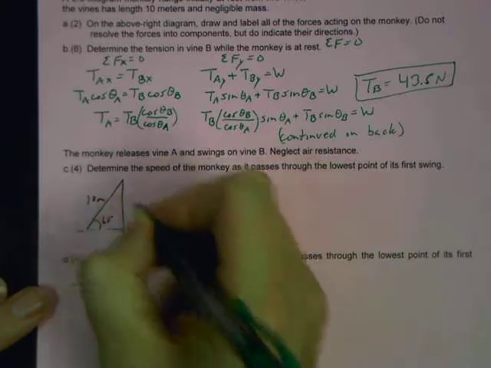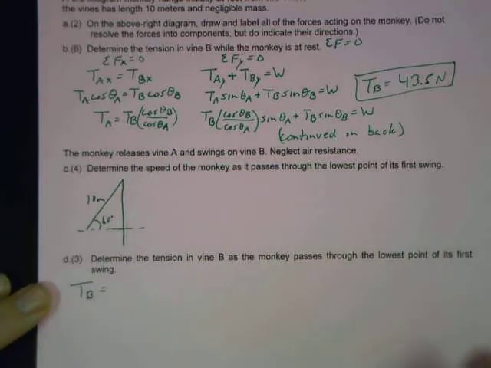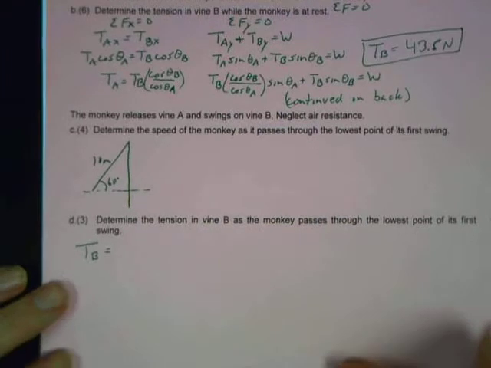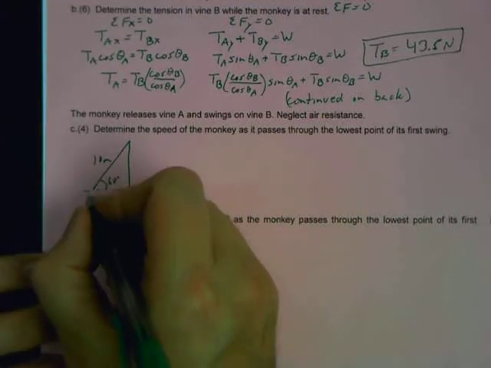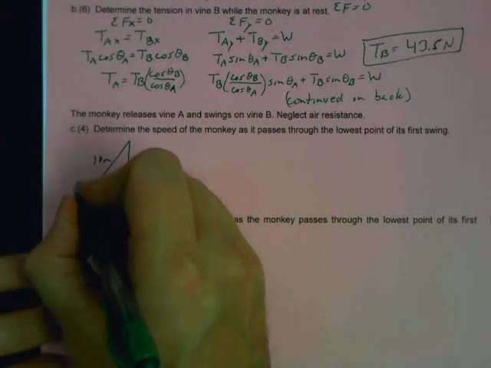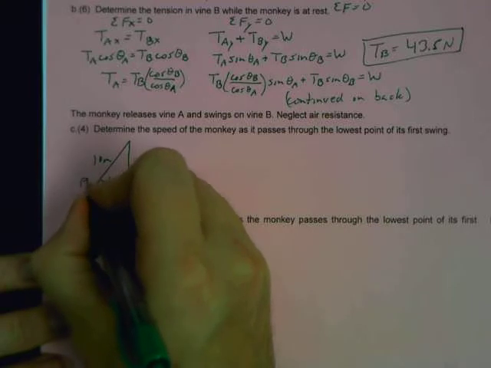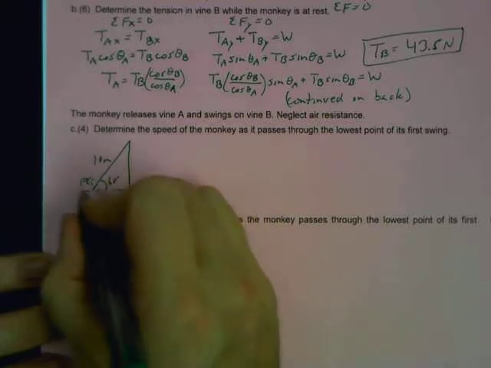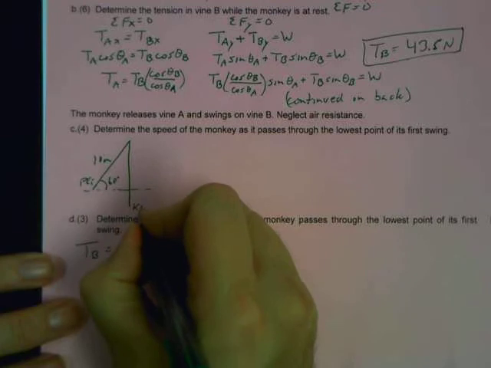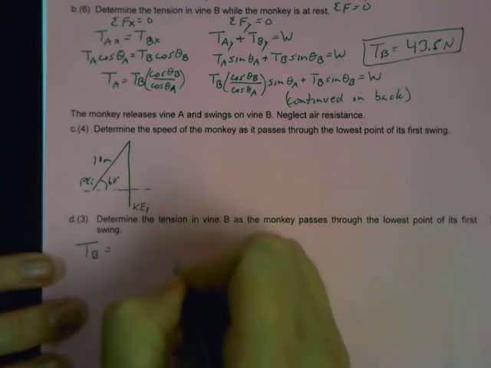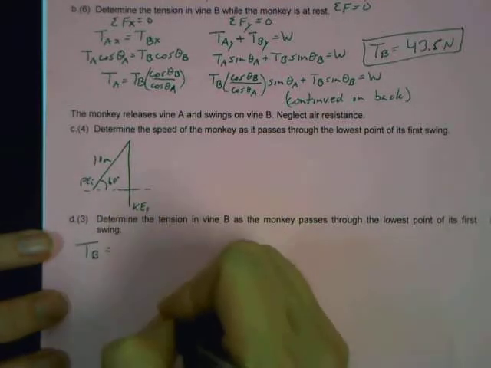This is 10 meters. And so he is going from this initial position here, where the potential energy initial is going to be equal to the kinetic energy final. First, I got to figure out what that drop is.